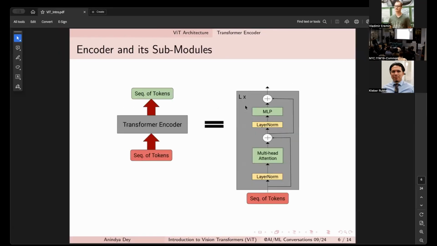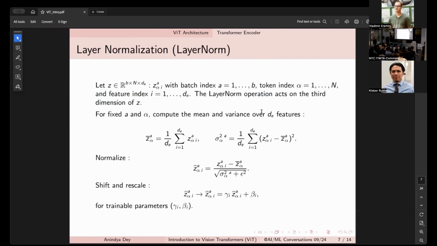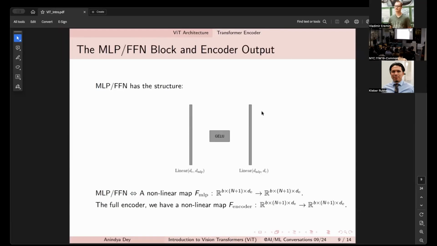All right. So I discussed layer norm and multi-headed attention. The one thing that's left is the MLP, which is also referred to as a feed-forward network in the literature. It has a very simple structure. It has two linear layers, with a GLU activation function in the middle.